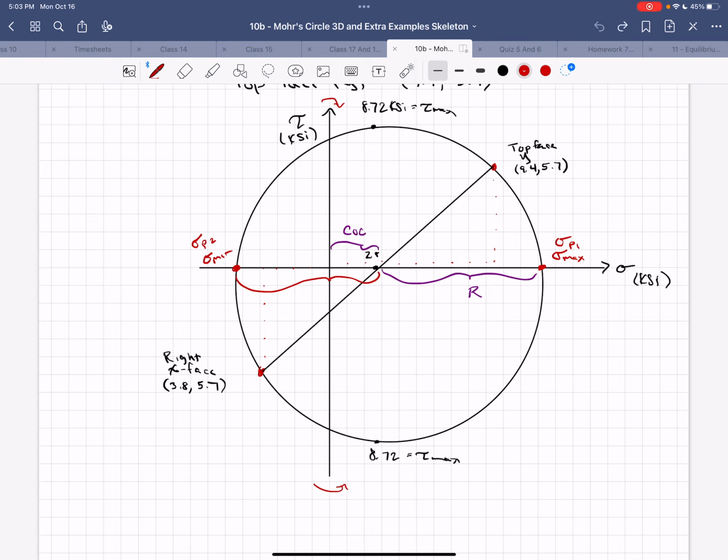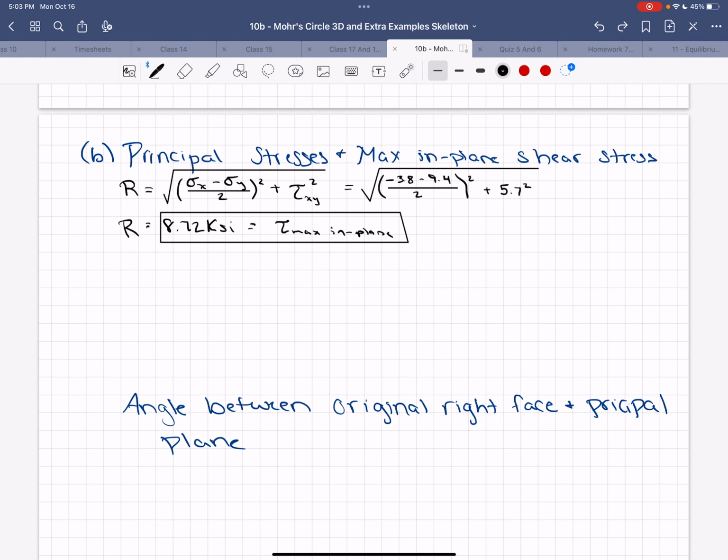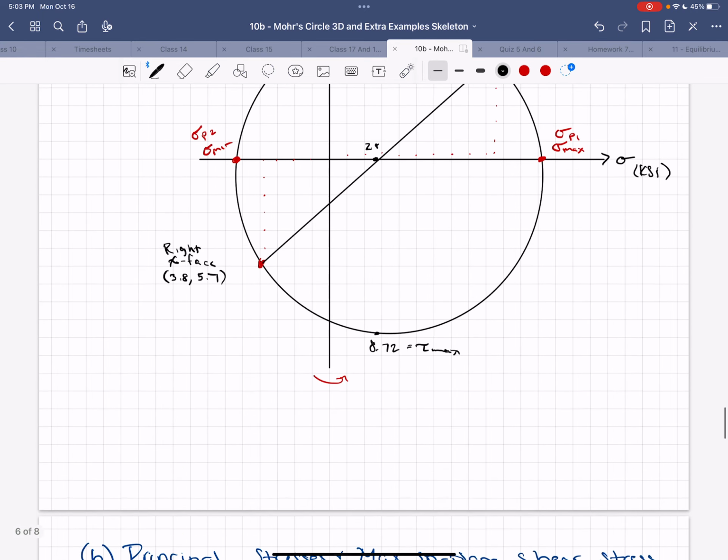Alright, but we're going to get rid of all that stuff, because otherwise these get too messy. Okay, so now we have that sigma P1, principal stress, equals center of the circle plus the radius, 2.8 KSI plus 8.72 KSI. So that is 11.52 KSI.